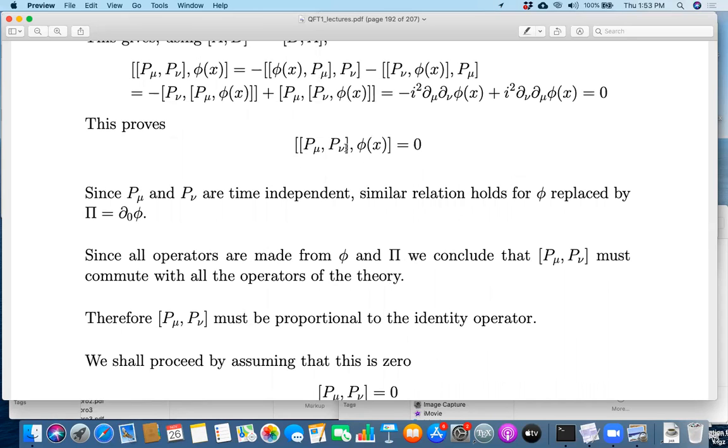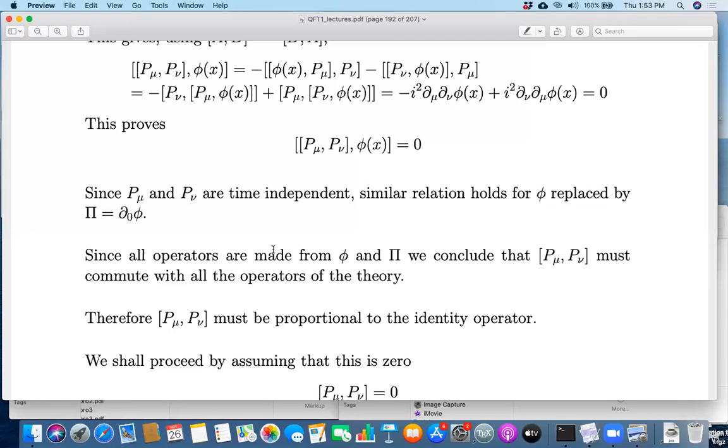Now, since p mu and p nu are time independent, we can take a time derivative and conclude that the same relation holds with phi replaced by the time derivative of phi, which of course is pi. So what we see is that this commutator p nu commutes with phi and pi, and that means that it commutes with every operator in the theory, right?